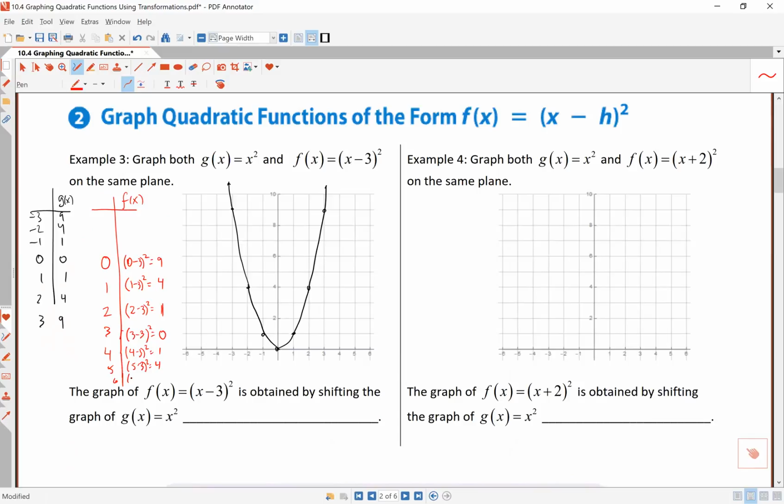And 6 minus 3 is 3, squared is 9. When you see these points duplicating on both sides, you've got your center at 3, 0.